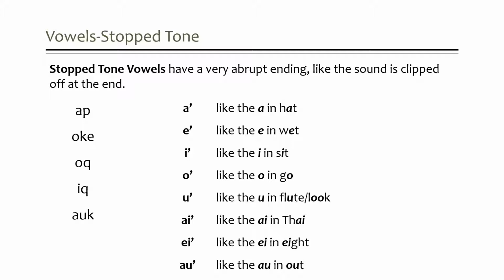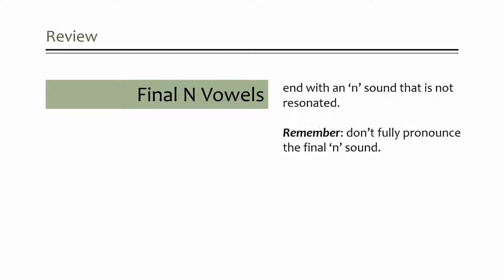Now let's review what we've discussed. In the way of review for this lesson, we discussed final N vowels. Vowels that end with an N sound that's not resonated or finished. Just remember, don't fully pronounce that final N sound.